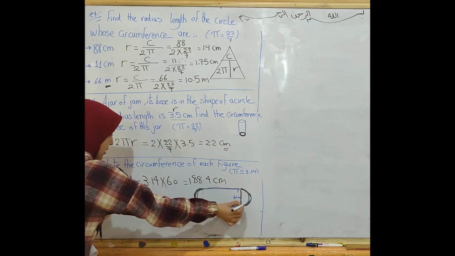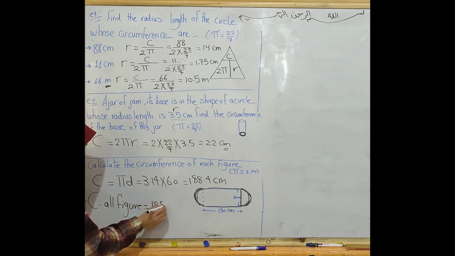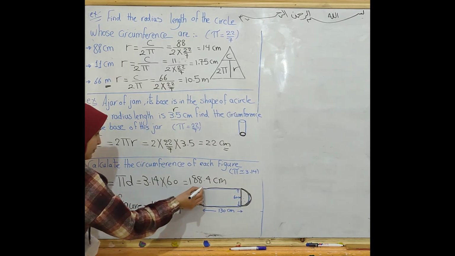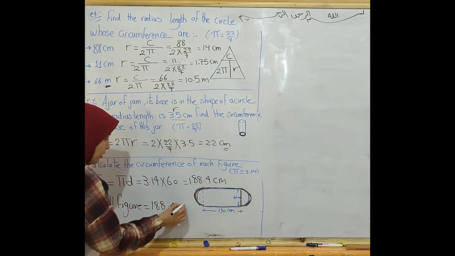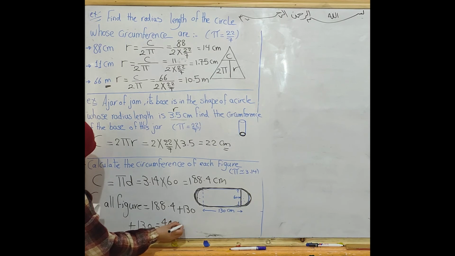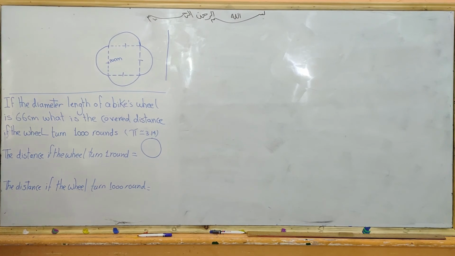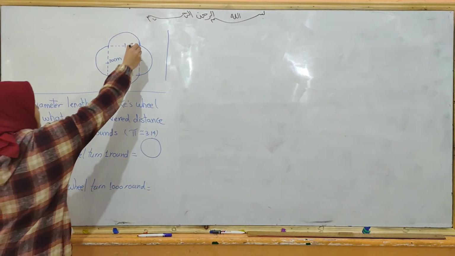The length of this part is 188.4 centimeters. The circumference of the whole figure equals 188.4 plus this side, 130 centimeters, plus 130 centimeters, equal to 448.4 centimeters.